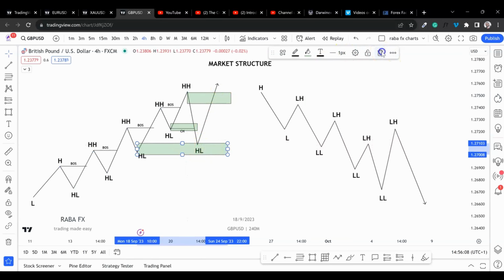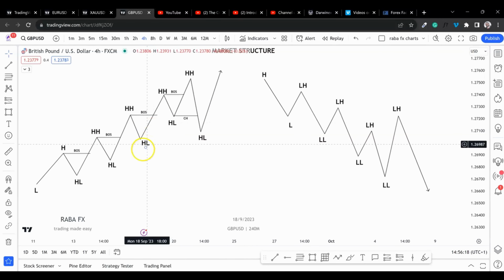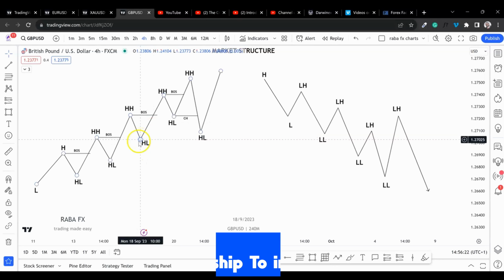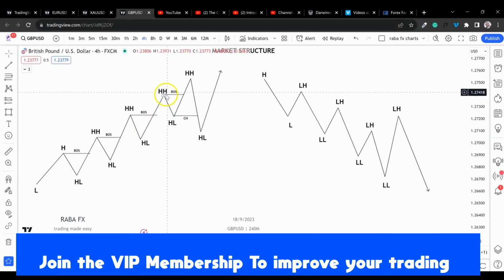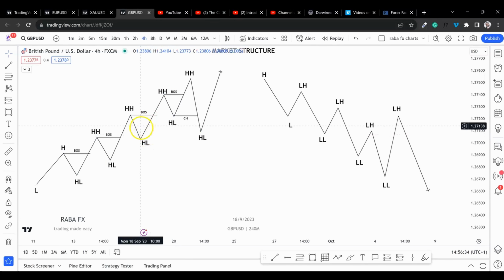Now the question is, how can you tell when the market structure has shifted? The answer is when this particular low is gone. You have this low that produces this high that has been taken. You trace back to the original low that started it, not the internal lows, because in some instances we might have internal lows in here.